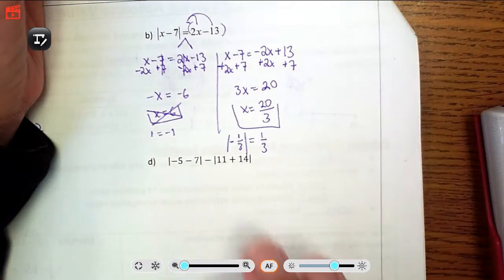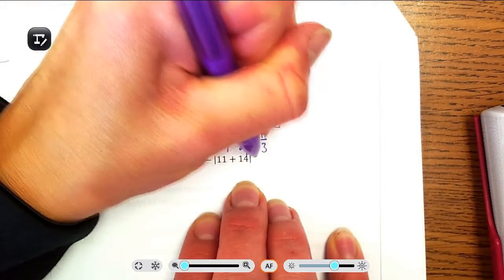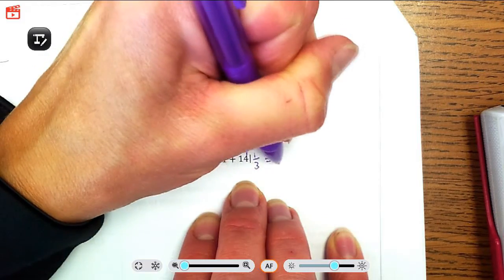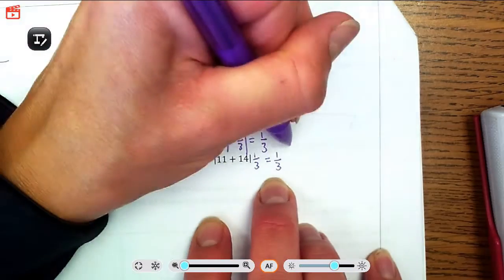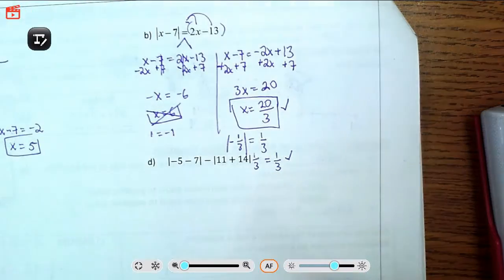Okay, because that's still absolute valued, I still have to make it positive. So 1/3 equals 1/3, and then we have that they're equal. Okay, so this one checks out, 20 thirds.